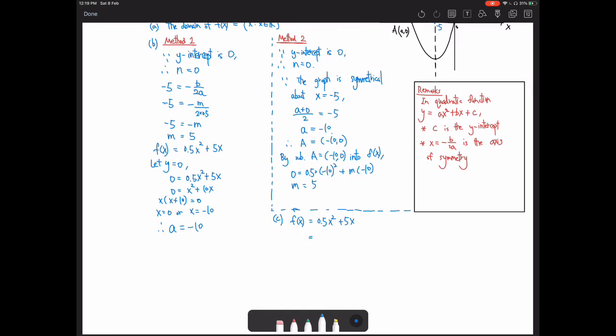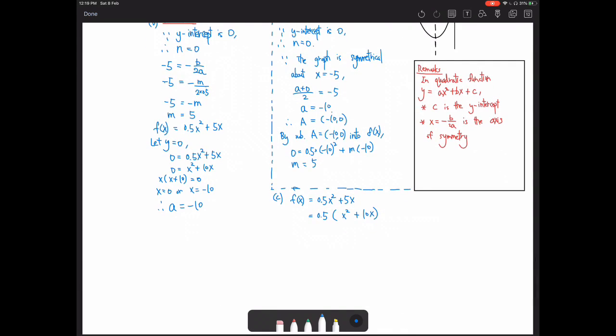The first step, make sure the coefficient of x squared is 1. So we take out 0.5. 0.5 times (x squared plus what?) 0.5 times 10 is 5, right? We get this. Now what should we do?